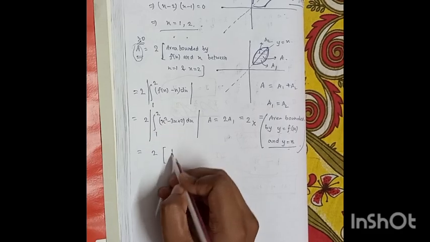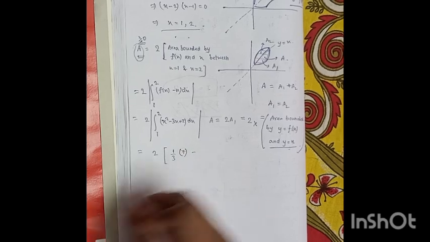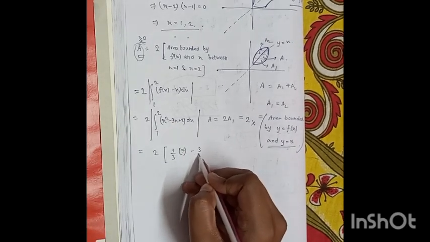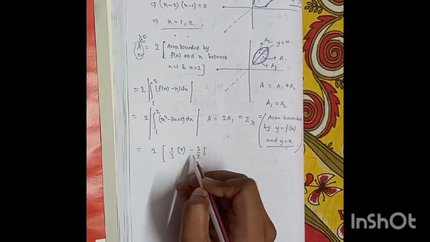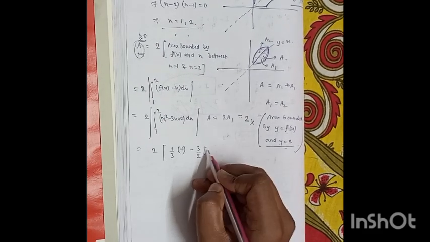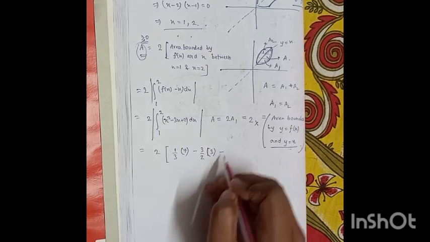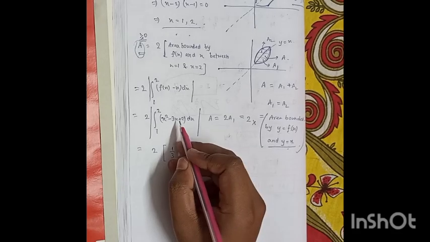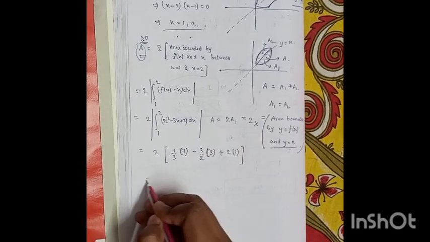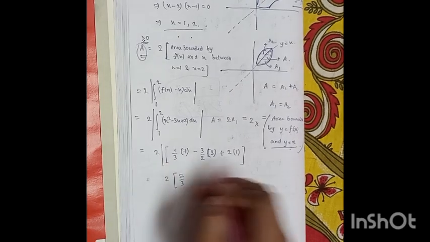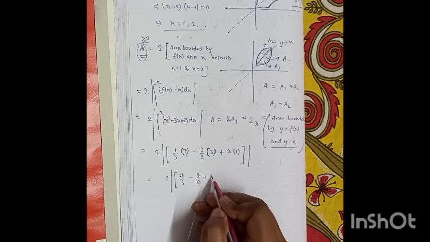So x square gives 1 over 3 and 2 cube minus 1 cube will be 7, minus 3 times half coming from the integration of x, and 2 square minus 1 is 4 minus 1, so 3, plus 2 times 2 minus 1, so 1. 2 times, there is a modulus sign here, 7 by 3 minus 9 by 2 plus 2.